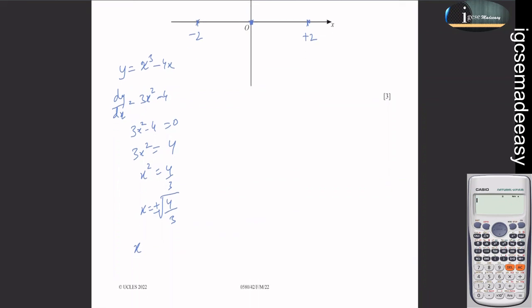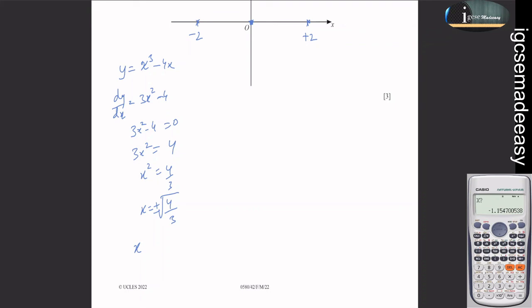So we'll write the equation in our calculator, and the equation is x cube minus 4 into x. Now I am going to calculate the value for plus root 4 by 3.